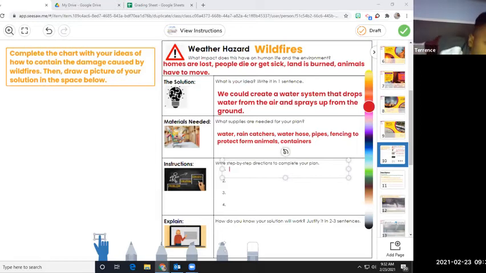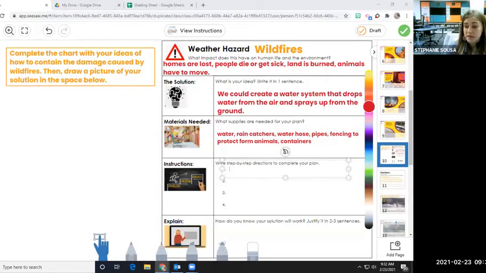Okay, so step-by-step directions to complete your plan. Let's think about this. First of all, if we're going to have this system, we're going to have to gather all of the materials that we need. We can't just start building something if we don't have the materials to be able to build yet. So that's going to be our step 1, is to gather all of the materials that we need.